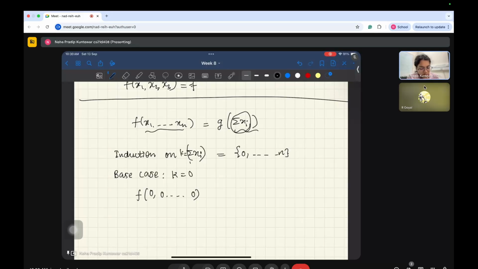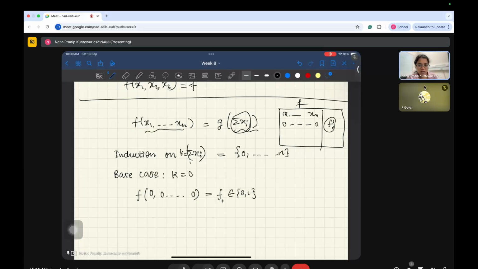So in that case, let's say f of all zeros, because you are given f as a truth table. So for x1 to xn all zeros, the value that it took was f0. This could be 0 or 1, depending on what was given to us.